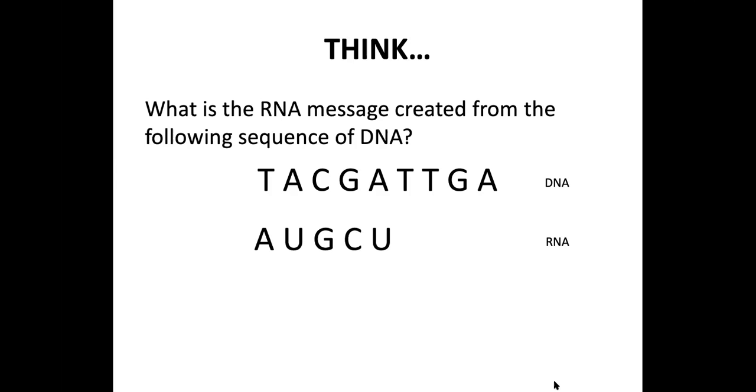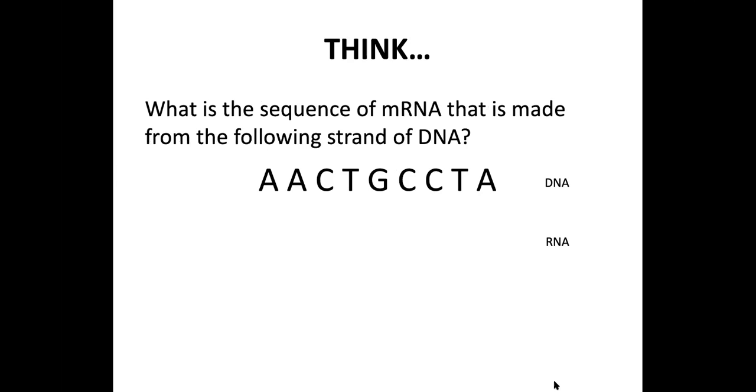That is what your complementary strand would look like. We're just going from DNA to RNA now instead of DNA to DNA. Let's try another one. U, A, C, T, G, C, C, T, A, perfect.